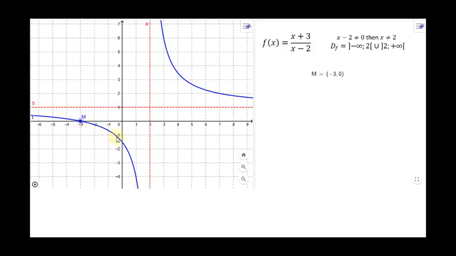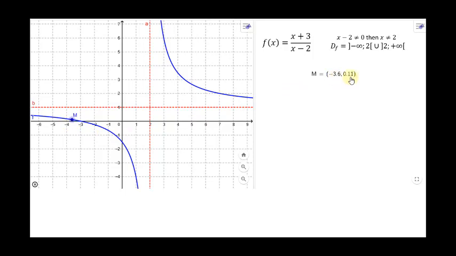Let M be a variable point on the curve of this function. M has coordinates (-3, 0). Let us see what will happen to the coordinates of point M as x of M decreases. Now x of M is decreasing.